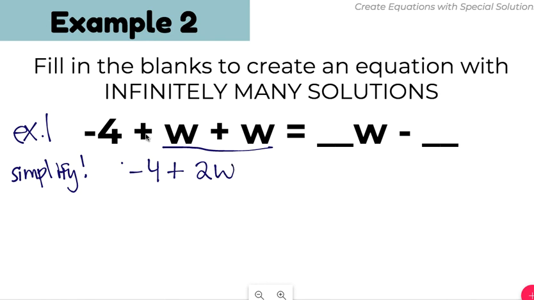So I get -4 plus 2w. I'm going to leave my blanks, but I'm going to add the opposite. So the right-hand side is going to become blank w plus negative blank. Remember, my coefficients have to be the same, my constants have to be the same. This is going to help us make sure that everything's accurate.